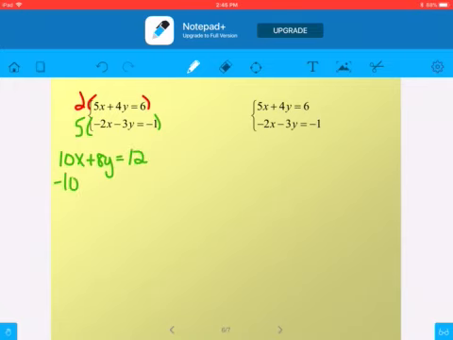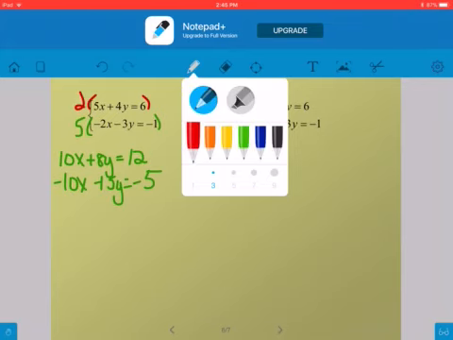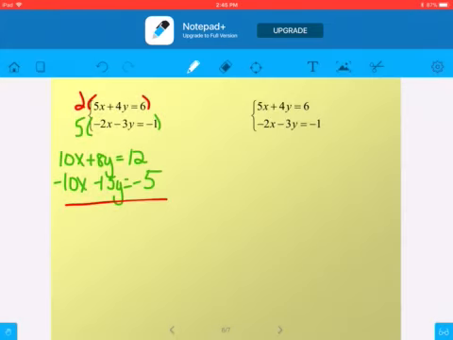And negative 10x minus 15y equals negative 5. And now we make it a big addition problem. So 10x plus negative 10x means the x's are gone. 8y plus negative 15y is negative 7y, and that equals 12 plus negative 5, which is 7.